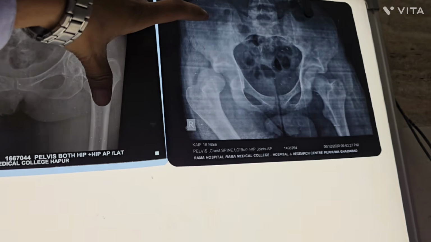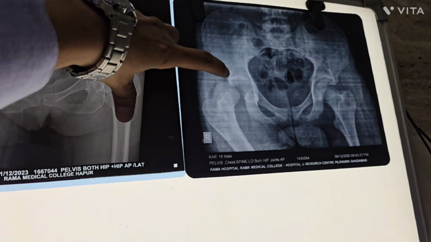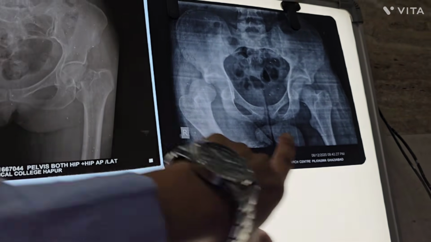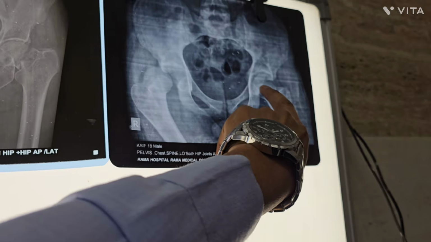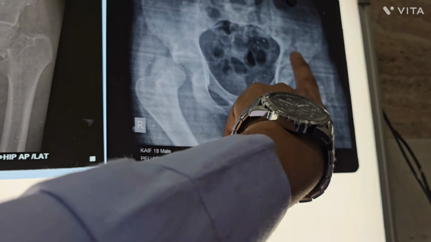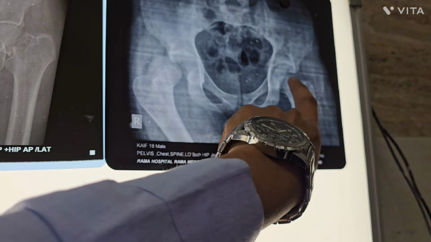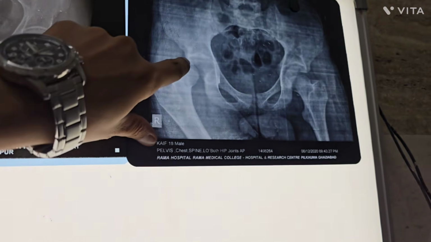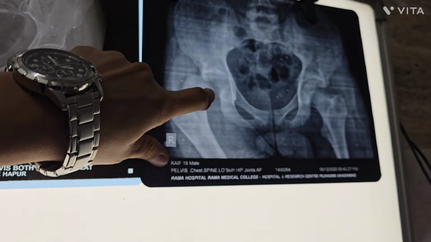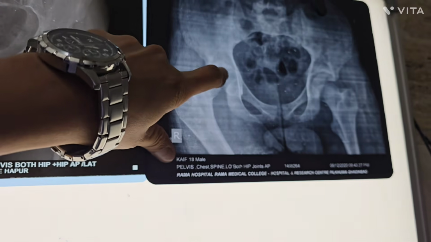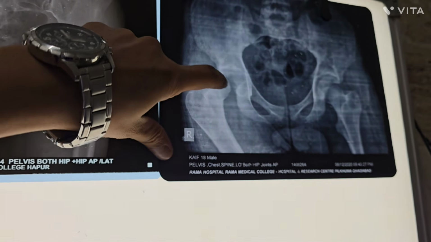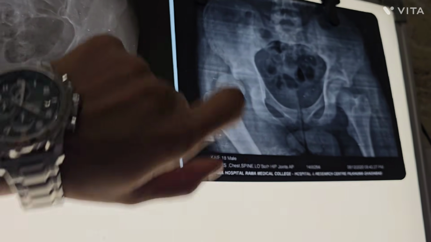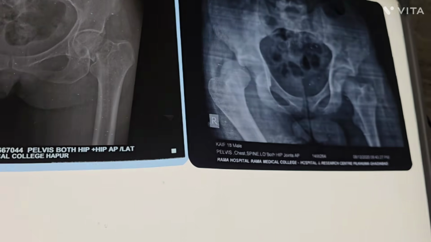Now the next one is this patient, a pelvic patient. You can see the normal head is inside the acetabulum. This is the acetabulum area, this is the head of femur, this is the neck and GT and LT. This acetabulum is empty; there is no head of femur here. It means the head of femur is dislocated. This is a posterior dislocation.